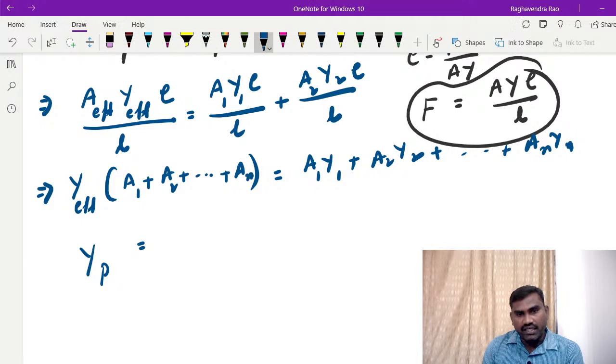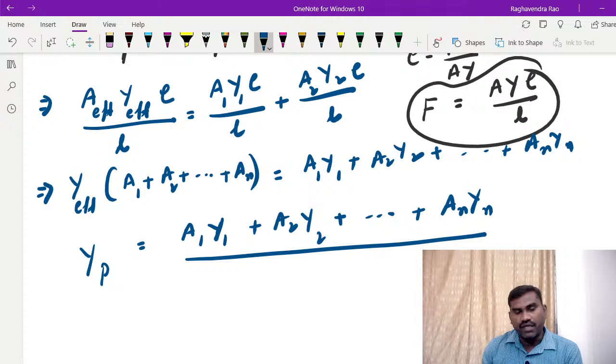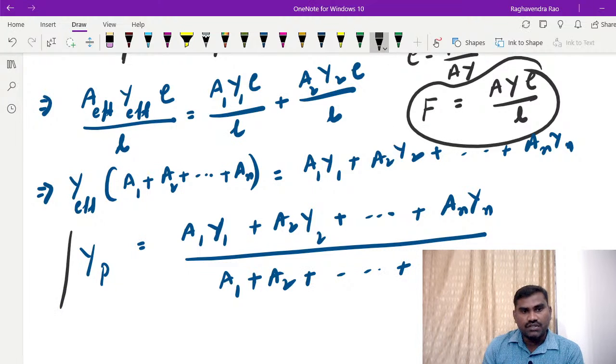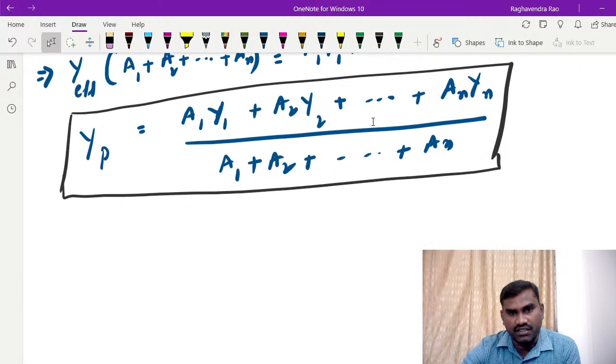Therefore, Y effective is equal to A1 Y1 plus A2 Y2 plus so on plus AN YN by A1 plus A2 plus so on plus AN. So this is the general expression for Young's modulus of a parallel combination of the wires.